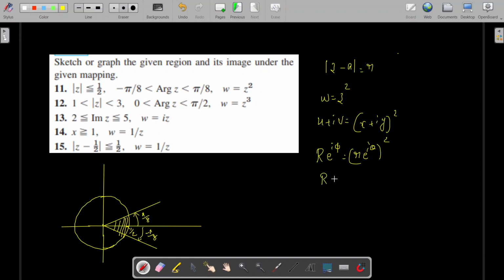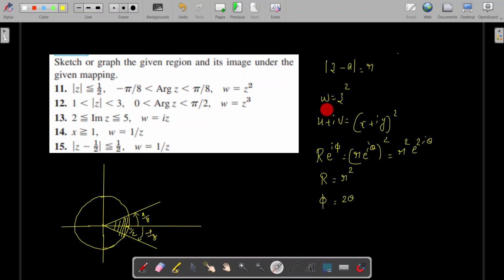You may note that capital R corresponds to small r square and phi is equal to 2 theta, because this point is r square e raised to 2i theta. Comparing these two complex numbers, the amplitudes are capital R and small r square, equating the two, and the corresponding arguments are phi and 2 theta. So phi equals 2 theta.